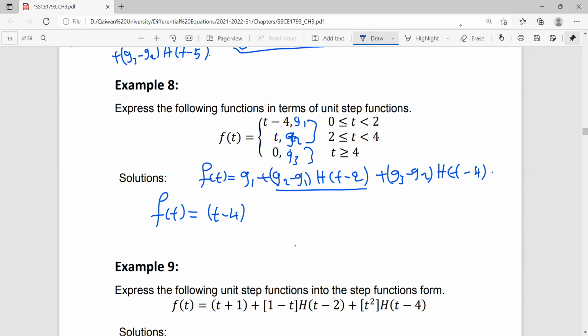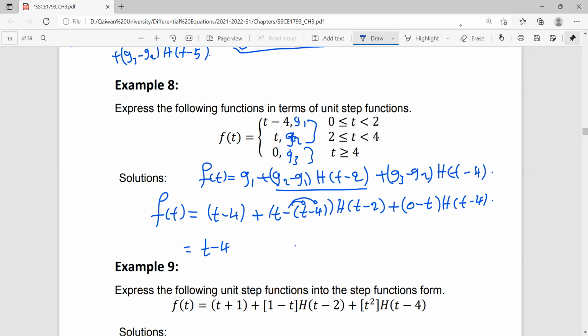Now we say f of t equals g1. G1 is t minus 4, plus g2 is t minus g1, and g1 is t minus 4, times h of t minus 2, plus g3 is 0 minus g2 is t, times h of t minus 4. And this equals t minus 4 here, t, and if we enter this negative sign, we get minus t.